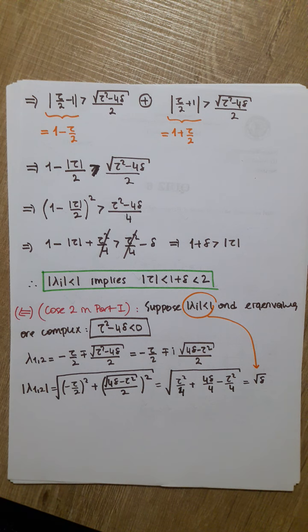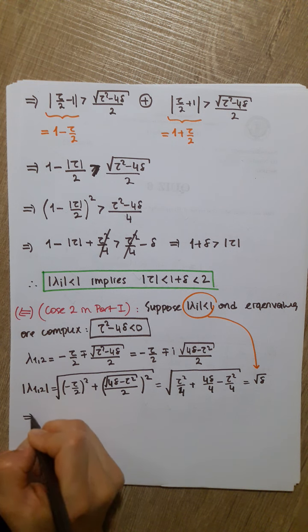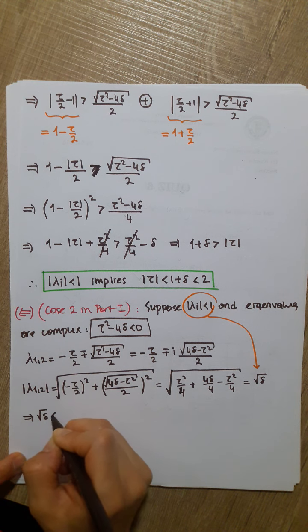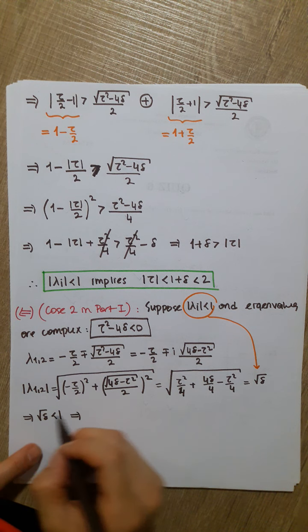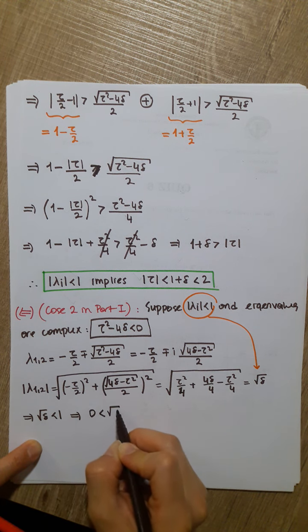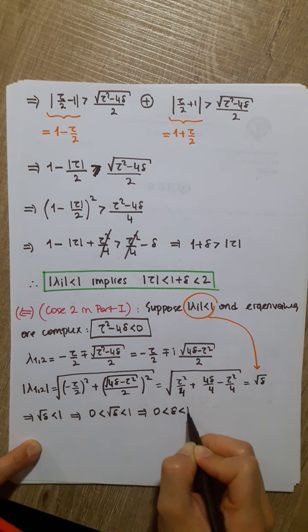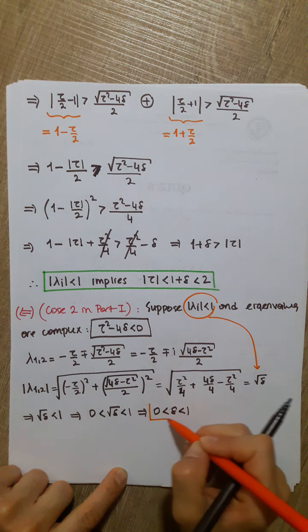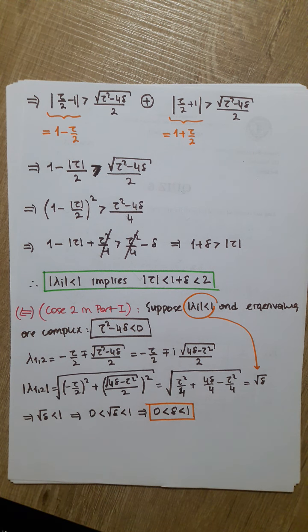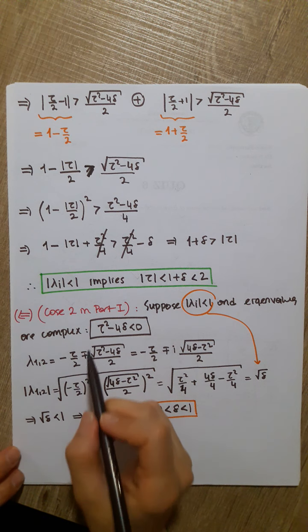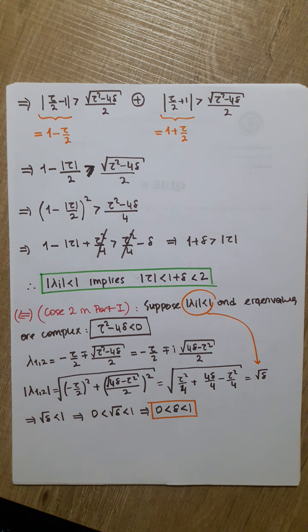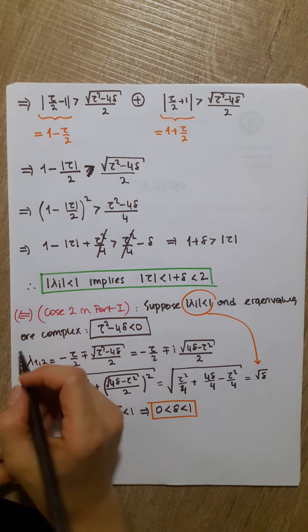And we know that from here, a square root of delta is less than 1, which means 0 is less than square root of delta is less than 1, so 0 is less than delta, delta is less than 1. Okay, we have this first of all. On the other hand, if you look at that one, this is one thing.